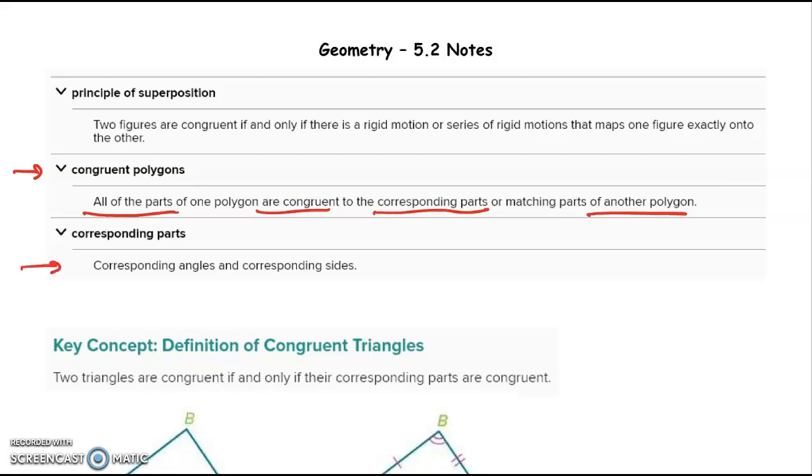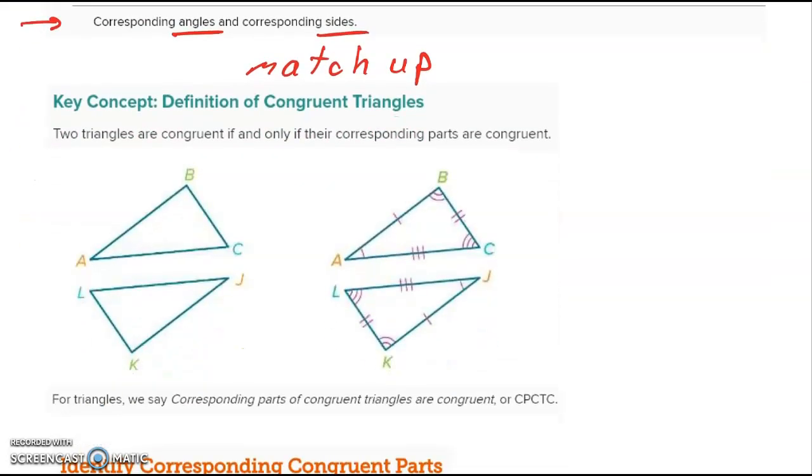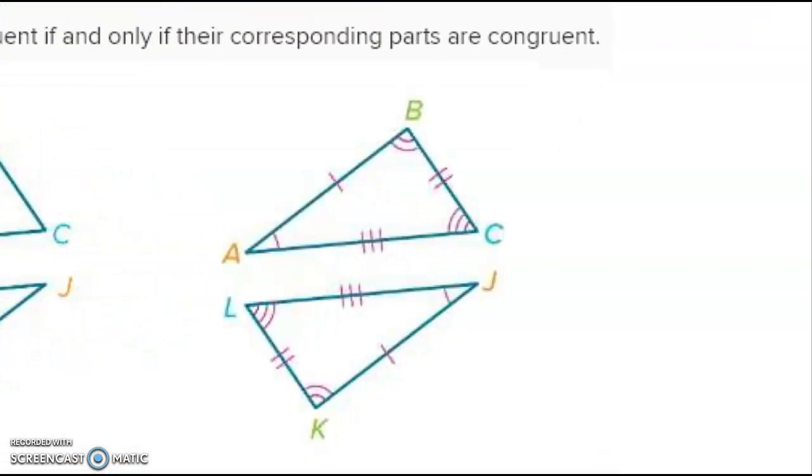Corresponding parts are the angles and sides that match up. Okay, so here they're marked correctly where, remember, we've kind of talked about this before, they might be positioned differently, but these different numbers of marks in an angle or a side are paired with the matching number of marks in the other angle or side.